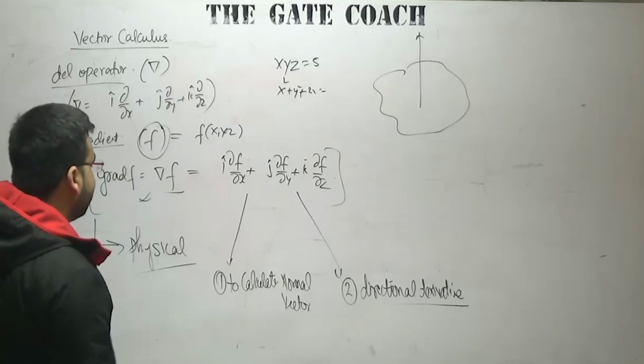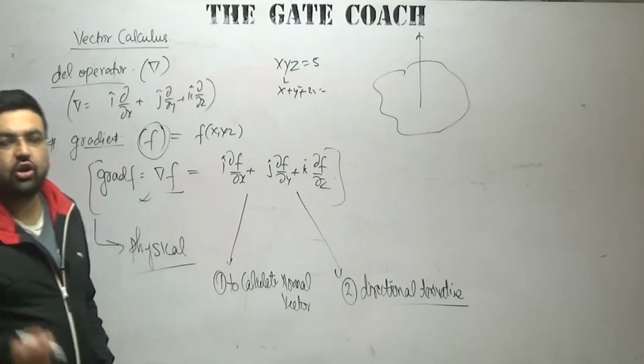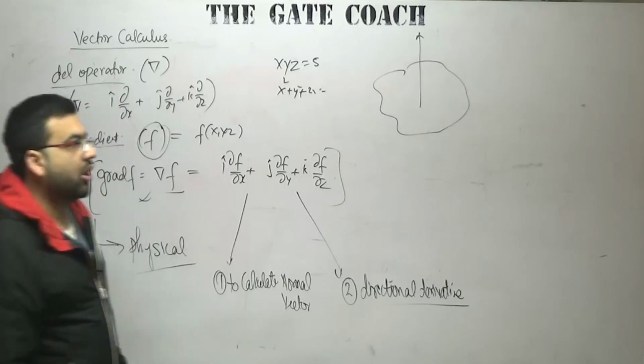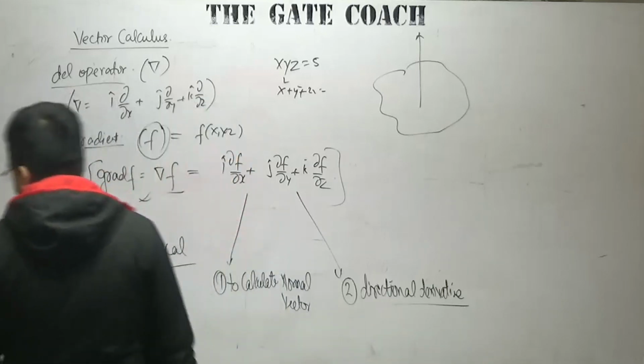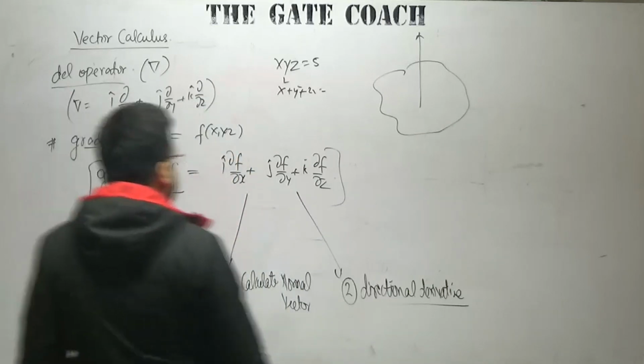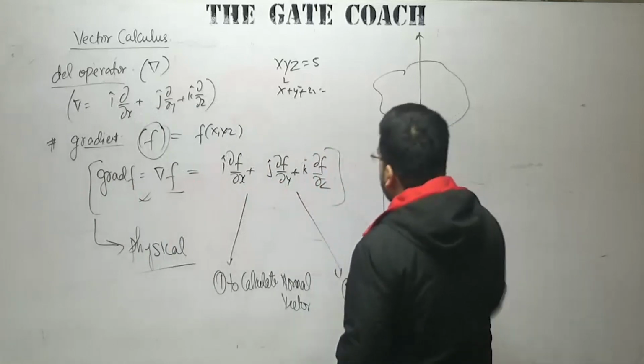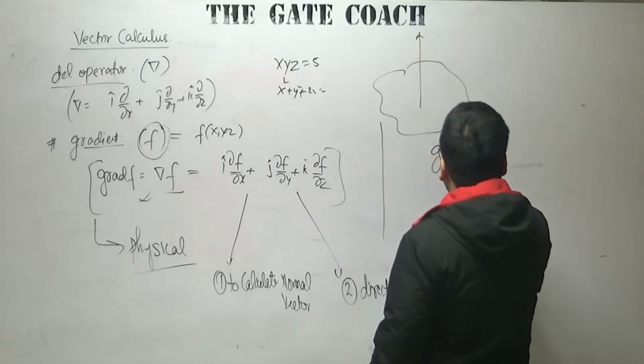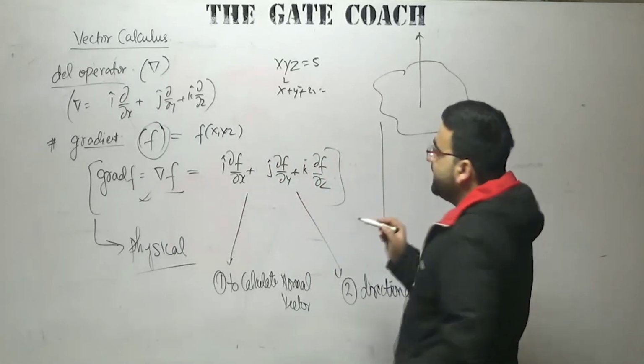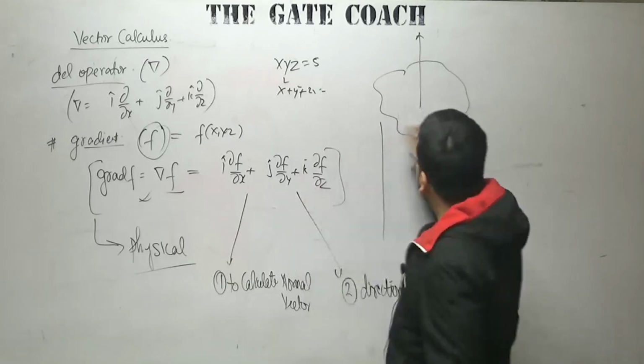Now what is this directional derivative? It involves a unit normal vector. How do you calculate it? It is equal to grad f, which is a vector perpendicular to this surface.